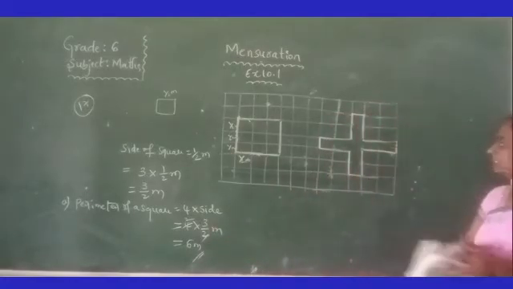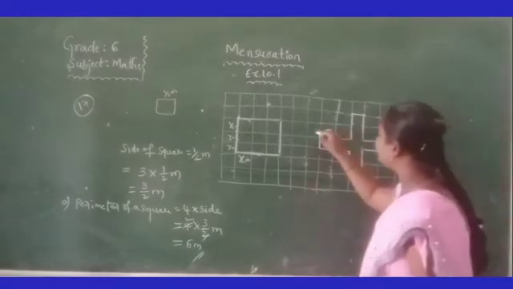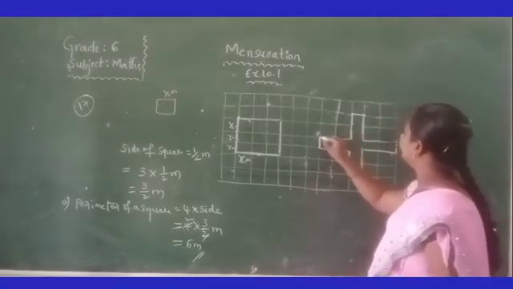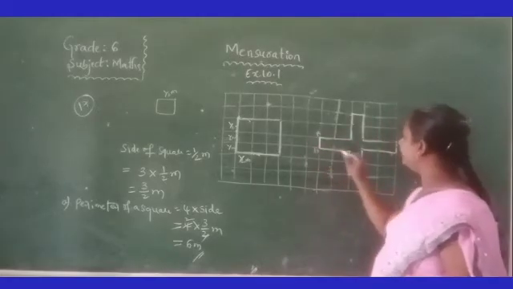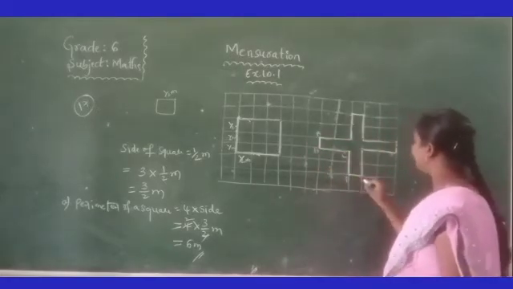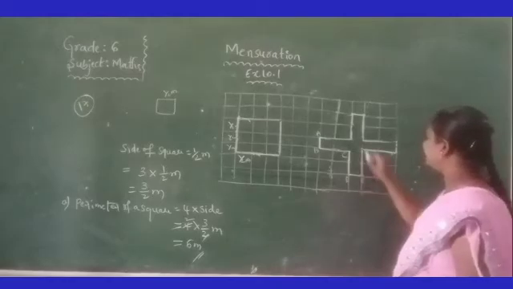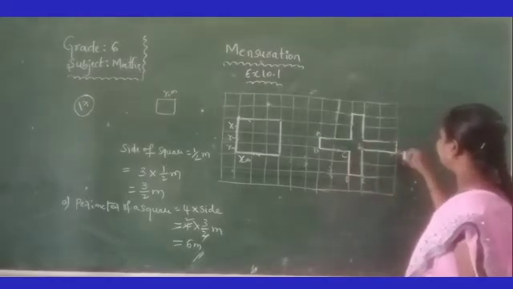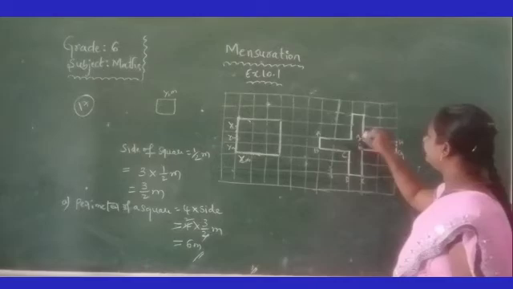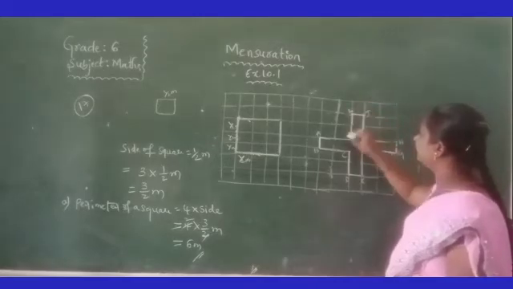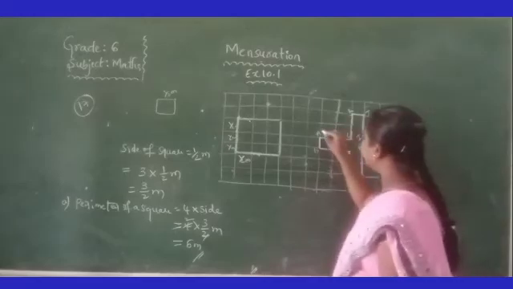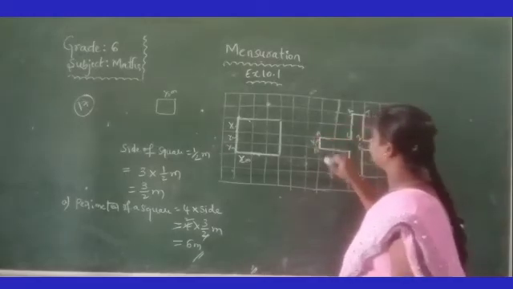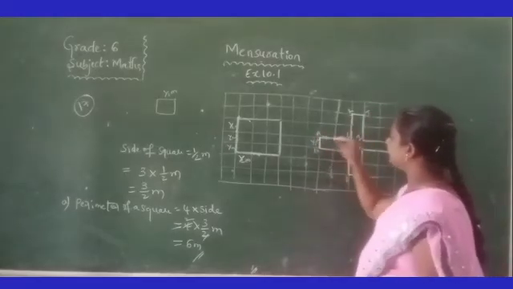How to find it? Here, let us give names first for understanding. I am giving the names here: A, B, C, D, E, F, G, H, I, J, K, L. Each side here is half a meter.